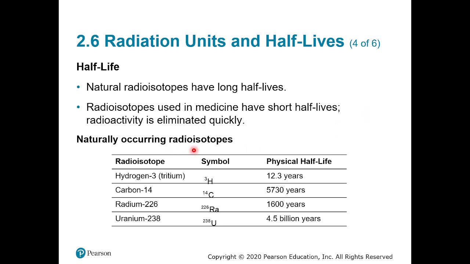On the other hand, here are some naturally occurring isotopes. This is hydrogen-3, that's tritium. That's the hydrogen with a mass of 3, so 1 proton, 2 neutrons. Anybody ever heard of tritium before? No? It's becoming more widely reported in the news for several reasons.